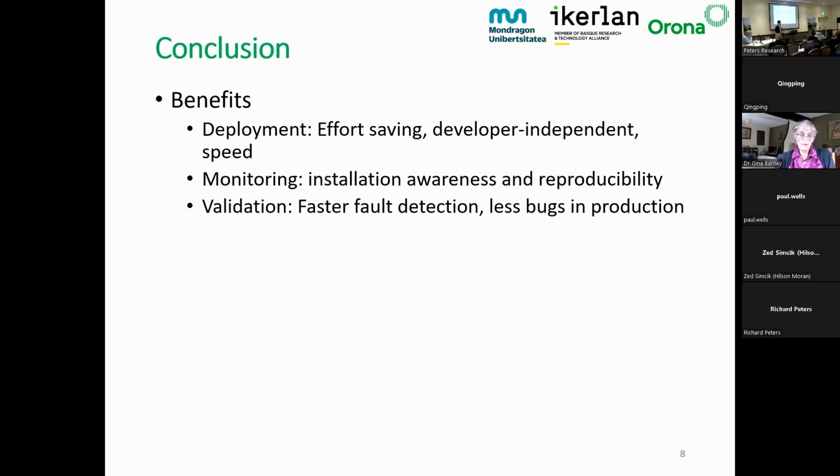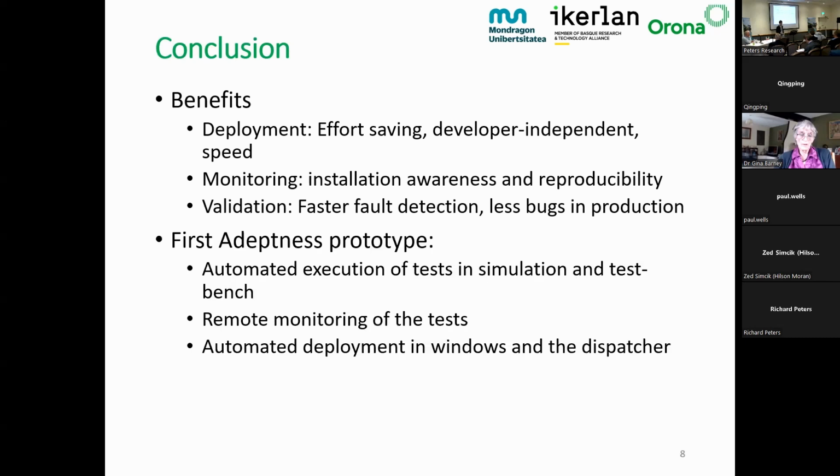With monitoring, we increase the awareness in an installation, and eventually we can also derive the data necessary to extract the passenger flow in a building and reproduce these situations in Elevate or in the hardware in the loop test bench. In relation to validation, we have automation. We can execute as many test cases as we want, and this enables us to detect faults faster and have fewer bugs in production.